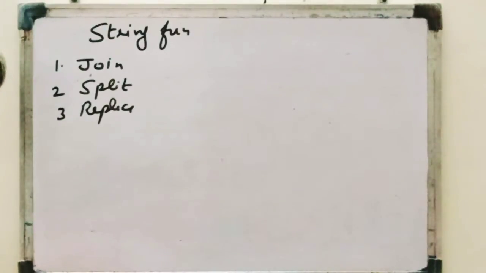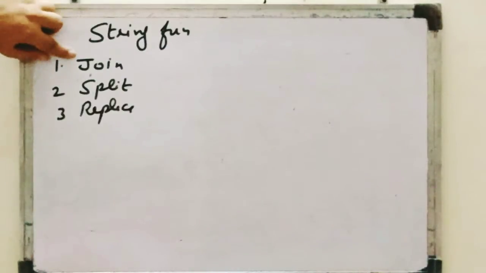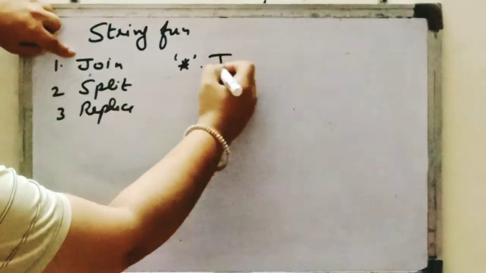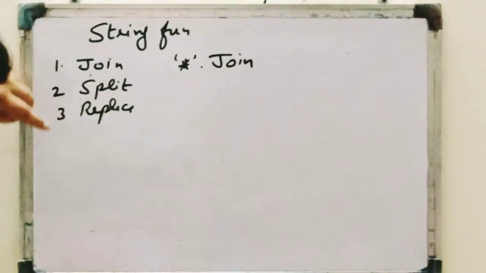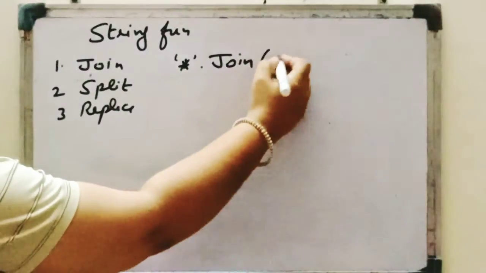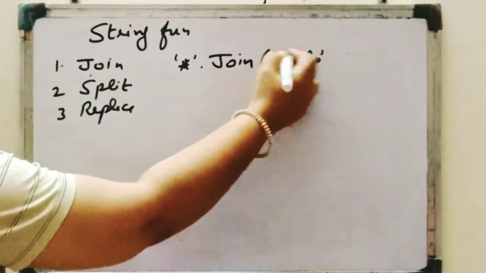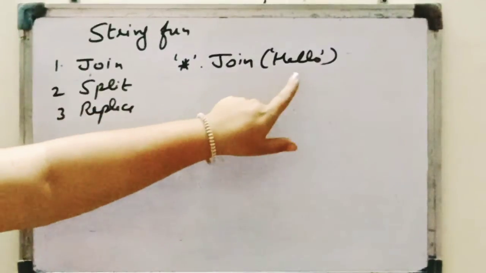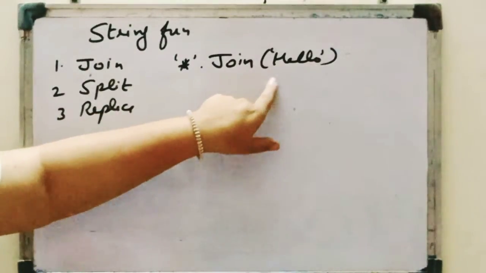Join means whatever character comes before join, you join with that. If I write star dot join of hello, it means this star is joined with each and every character of this string.